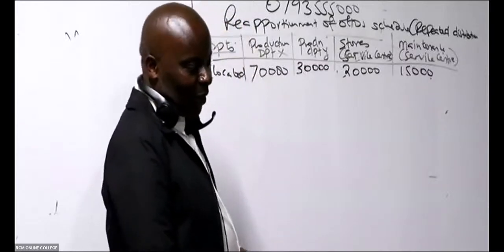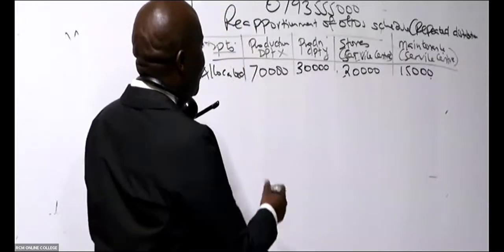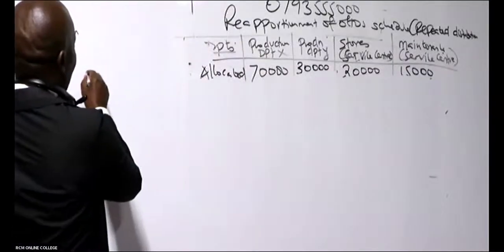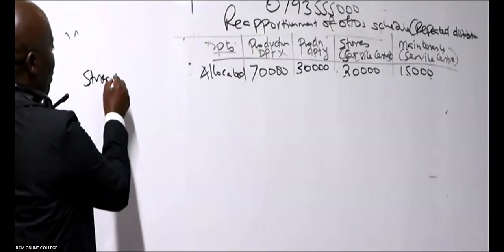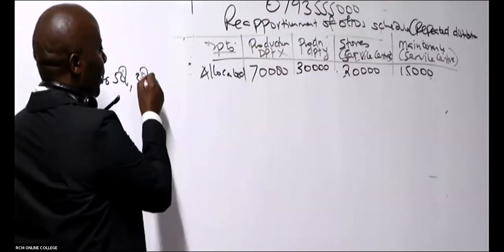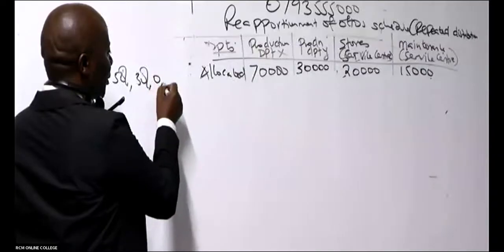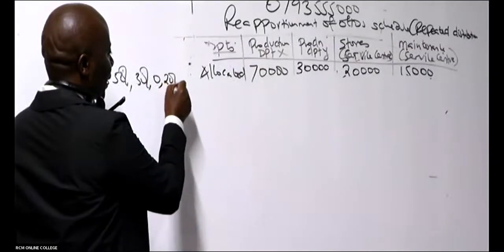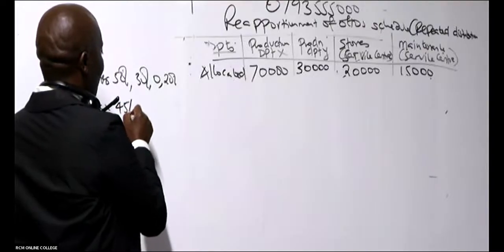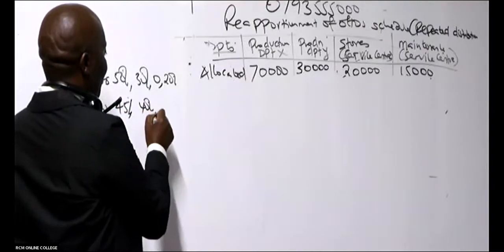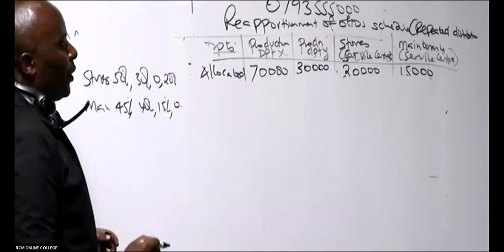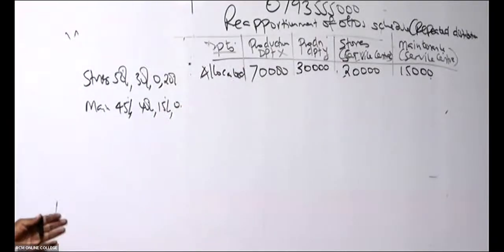Thank you. So then, do you still remember our percentages here from stores? What were the percentages? Let me write here. From stores. So stores was 50%, 30, dash, which is 0, and 20, yeah? How about maintenance? 45, 40, 15, dash 0. Thank you. So then we start the repeated distribution.